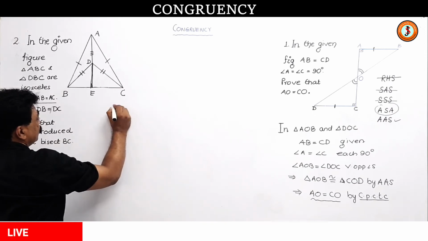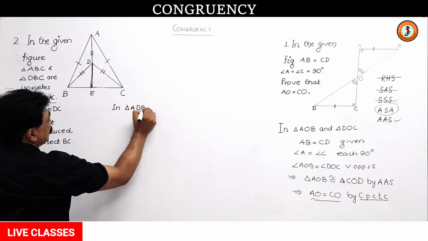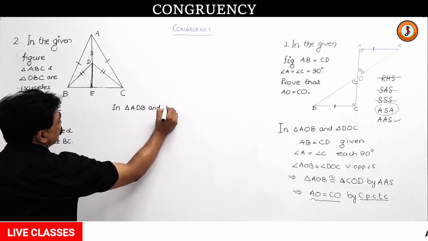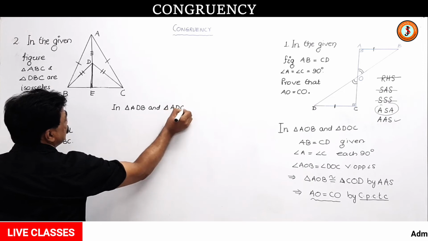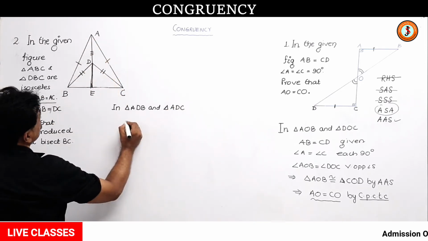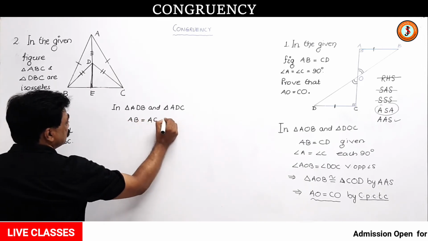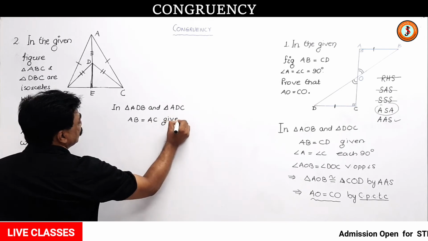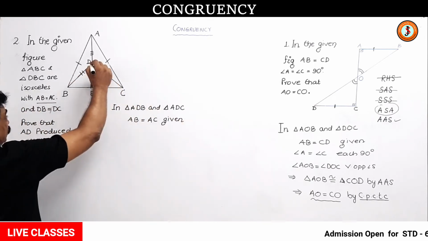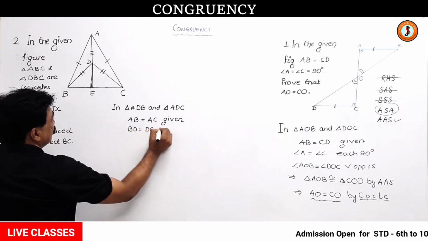In triangle ADB and triangle ADC: AB is equal to AC, it is given. BD is equal to DC, given.